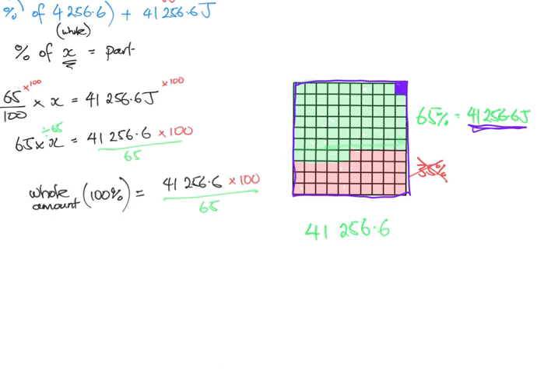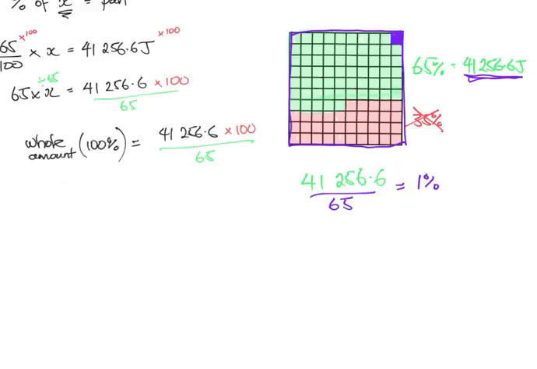So watch this. If I know that 65% is 41,256.6, and I know 65 ones make that up, I can simply divide by 65, and that will give me 1%. Now this is going to be 634.7 joules.